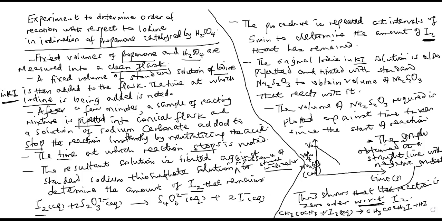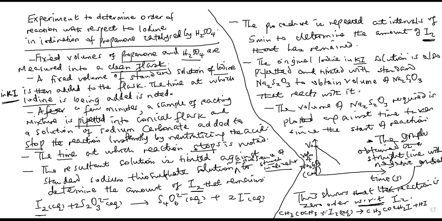It's a matter of knowing how you get different amounts. You begin by adding propanone, sulfuric acid, and iodine into the flask. Then after minutes of reacting, you pipette some mixture and add sodium carbonate to neutralize, and then you record the time after the reaction has stopped. Then you titrate the resultant solution that has iodine with thiosulfate so that you obtain the amount of iodine.